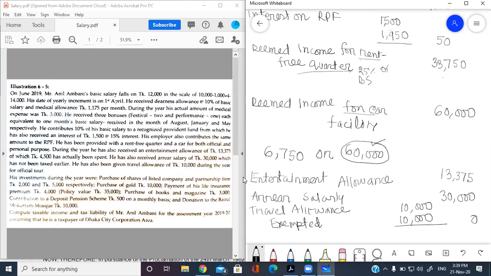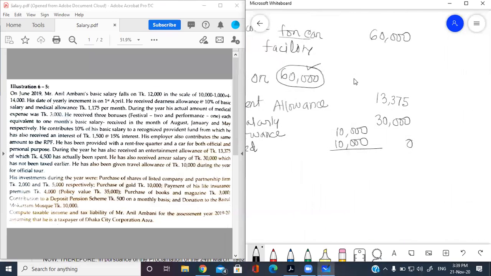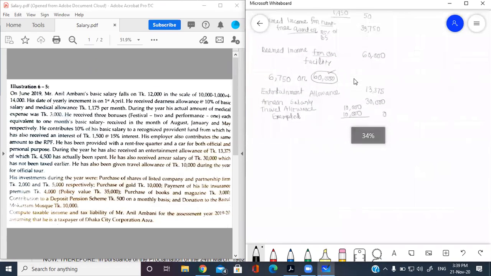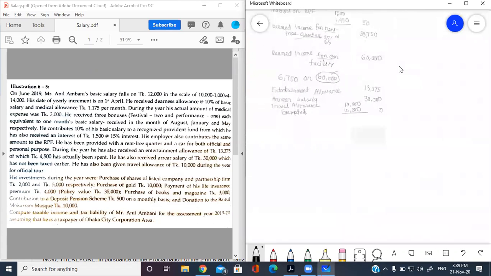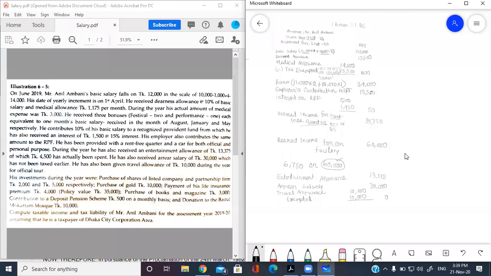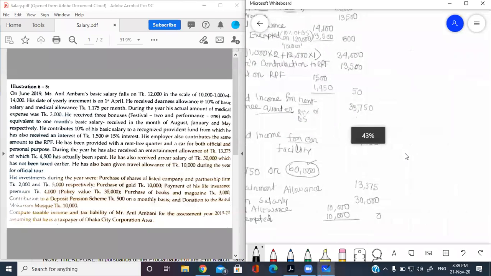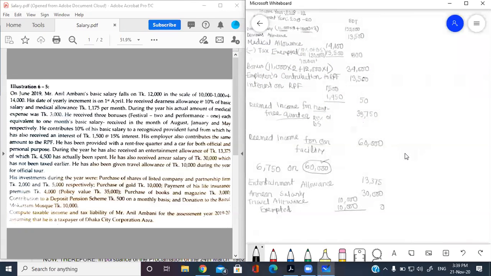Okay. So can you calculate the total income from salary? Income here means taxable income. So if you sum up all of these numbers, you'll get how much?